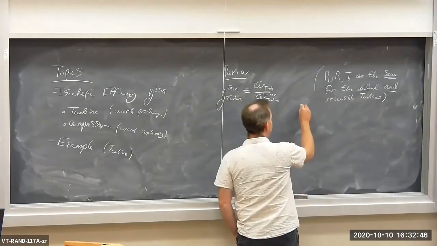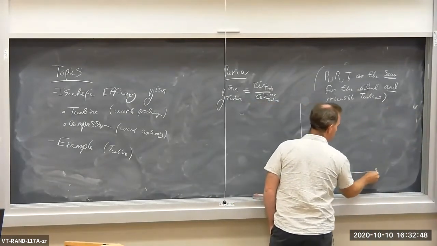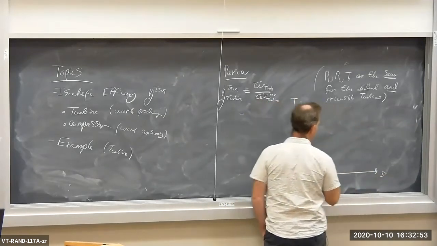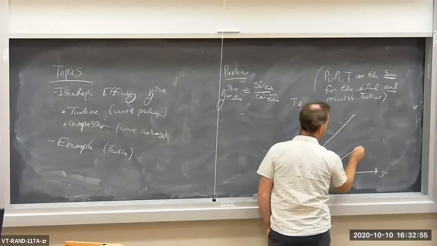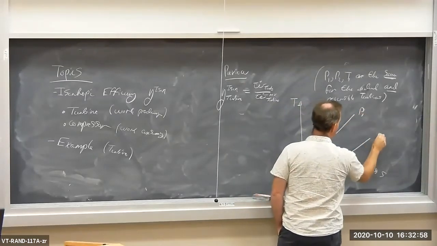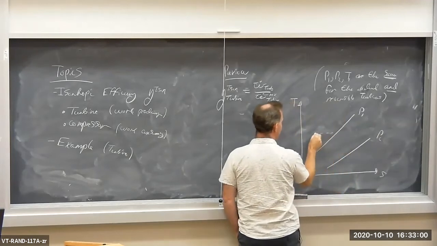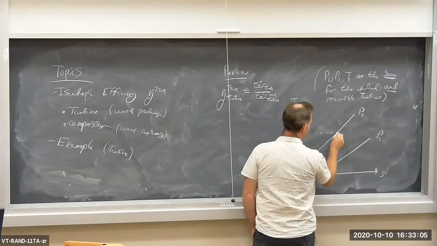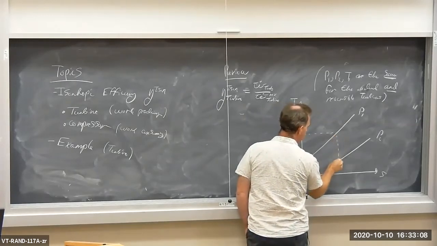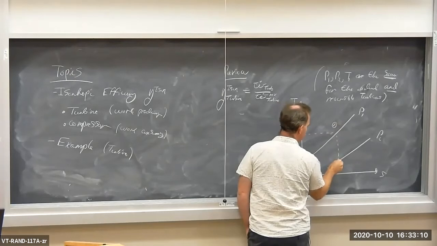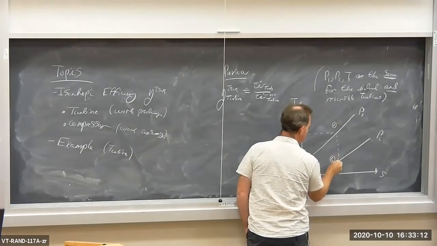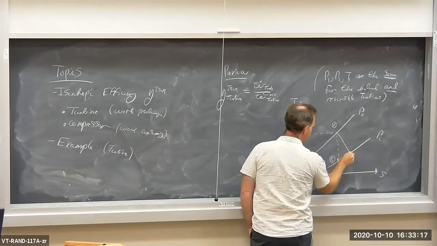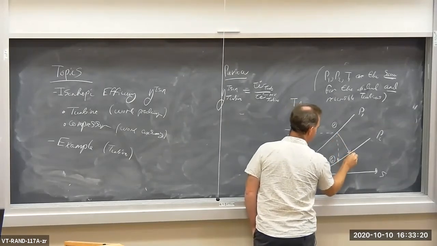The TS diagram for both devices superimposed on the same plot. Temperature, S, same two pressure limits, P1, P2, they both start off at the same temperature, T1. The isentropic device goes from state 1 to 2 sub S. The real device goes from state 1 to 2.